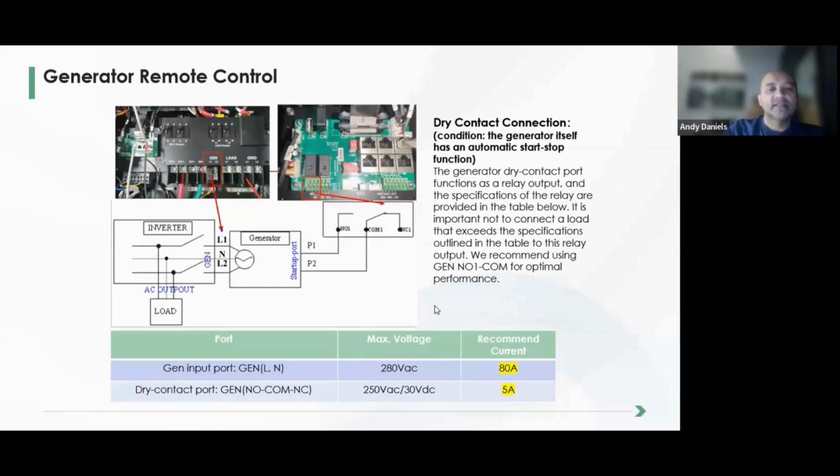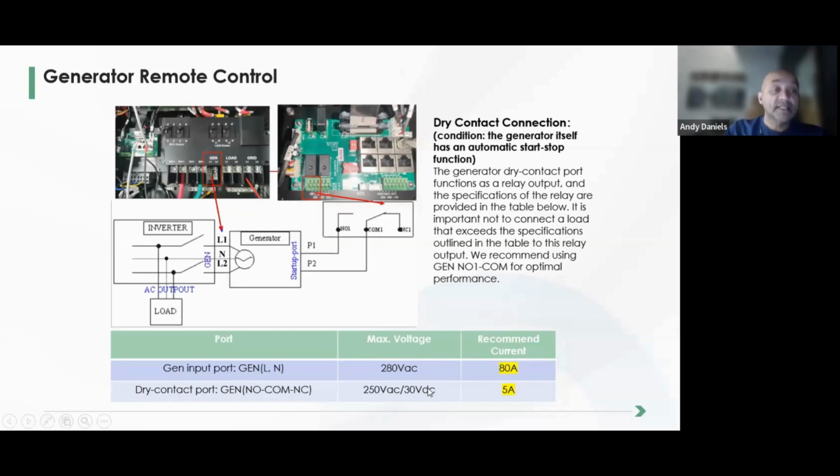And you have to then run a signal voltage through there. The voltage can either be DC or AC. The limitations are that on the dry contact, you can run a signal through there up to a maximum of 250 volts AC, but your limitation is 5 amps, okay? Because the design of the plug point cannot carry more than 5 amps.